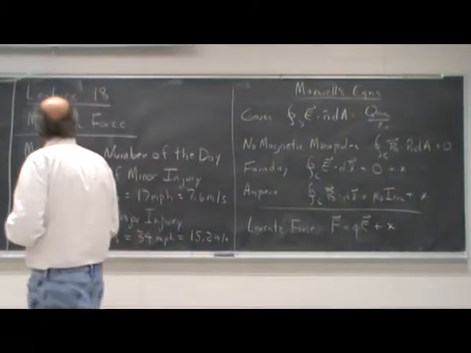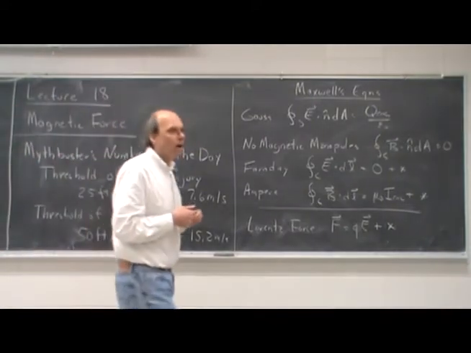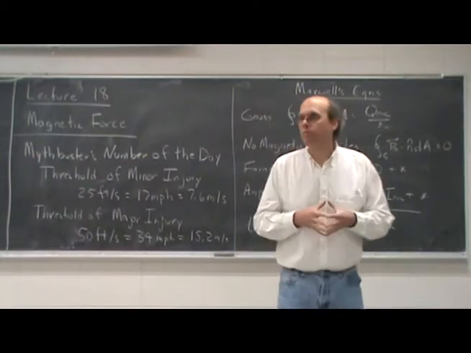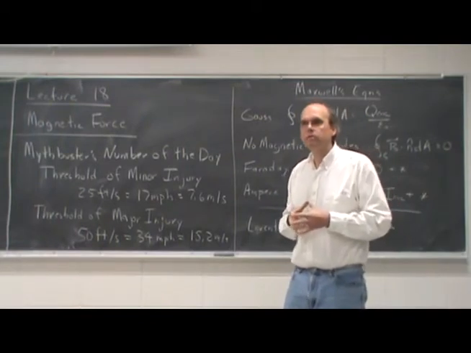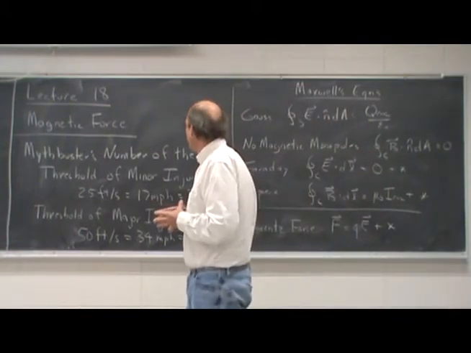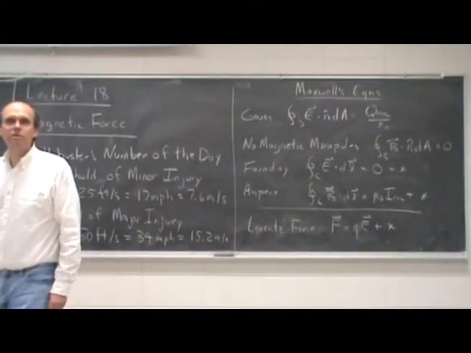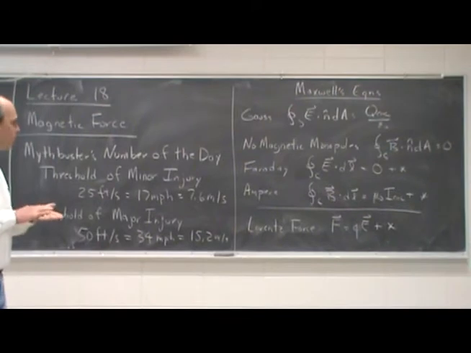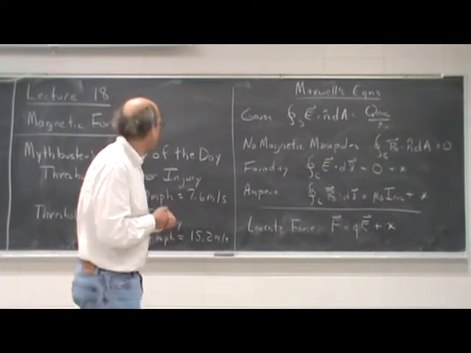So, my number of the day today is actually from Mythbusters. I was asked to do a talk once in one of the dorms where they wanted to use university money to go skydive. And so they needed to have some scientific content, so they wanted me to come in and talk about skydiving. I needed to know how fast you have to be going when you hit the ground and hurt yourself.